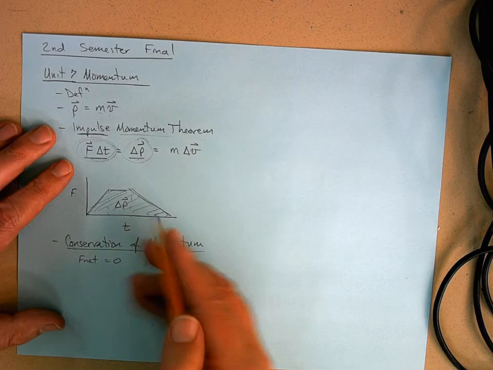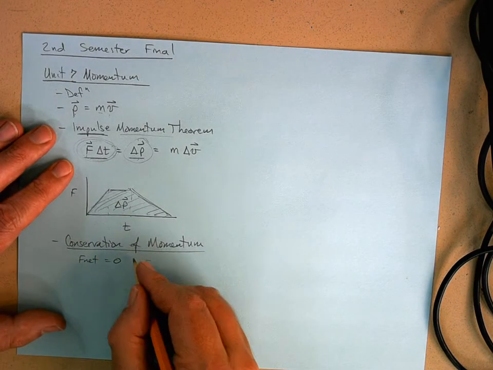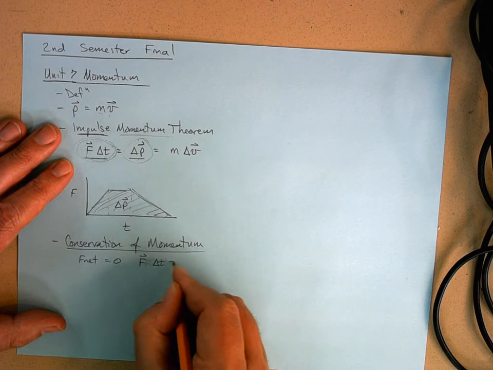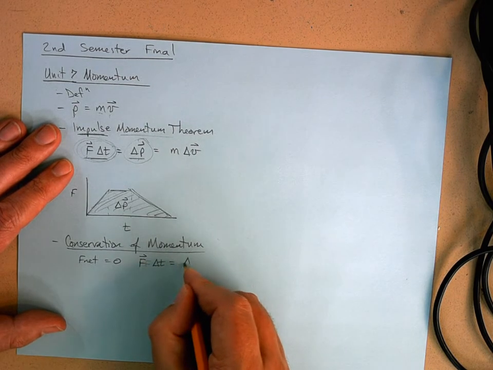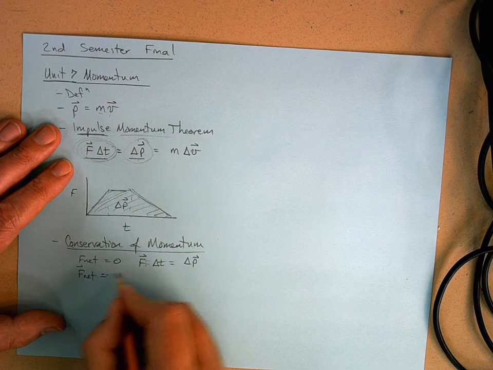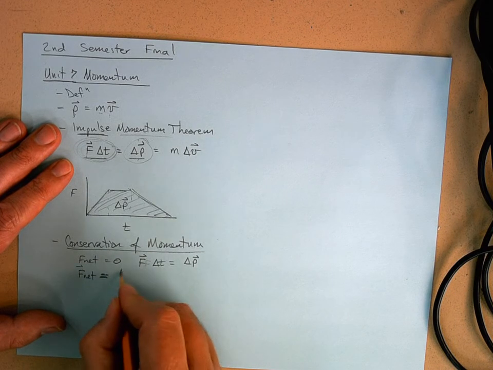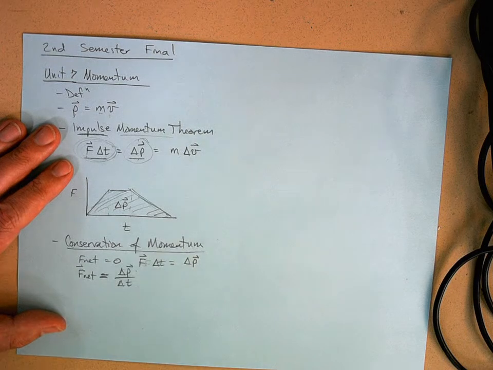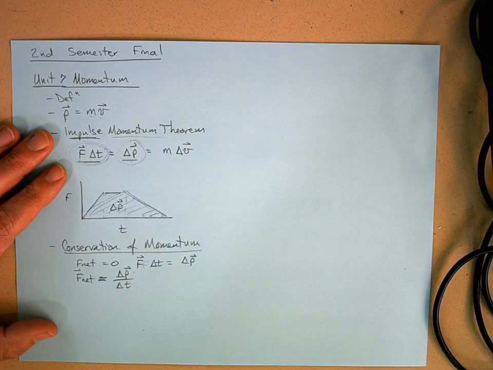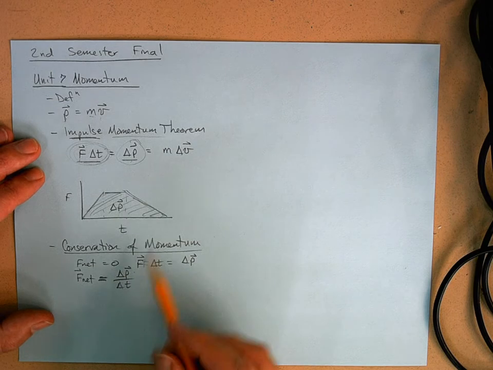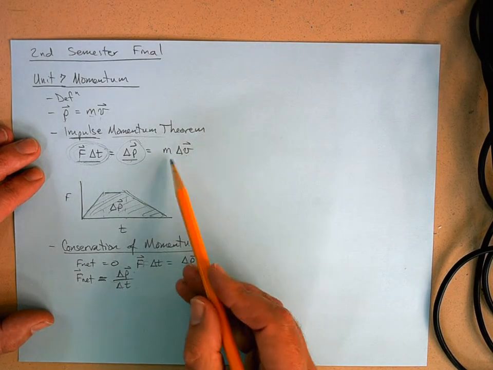Let's take a look at the impulse momentum theorem. Force times time equals delta P. If we divide both sides by delta T, we get the net force is equal to the rate of change of momentum, delta P over delta T. Well, remember that delta P is mass times change in velocity.